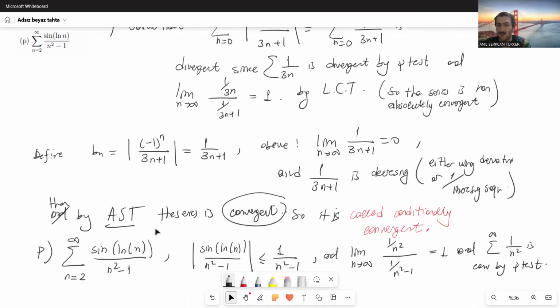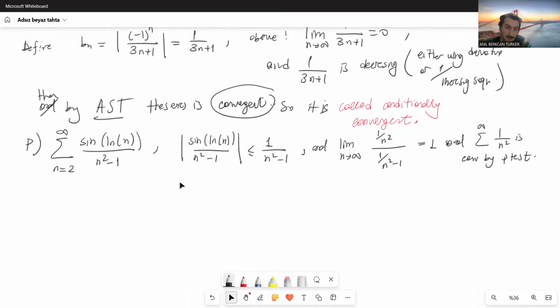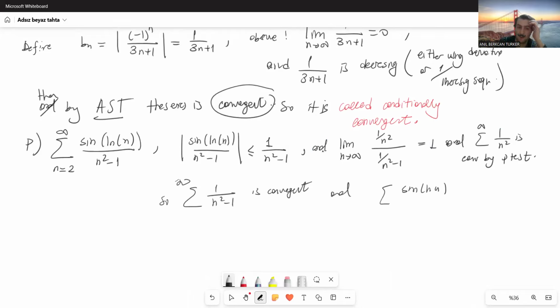I have said a lot of things. This is comparing this series with this one, and this one is comparing with 1 over n squared. And 1 over n squared is convergent, and this limit is 1. So everything will be convergent by the limit comparison test.